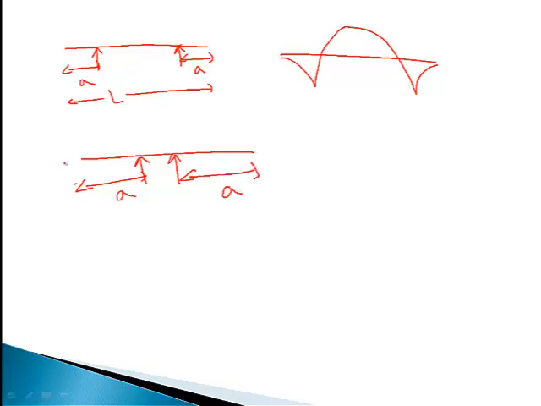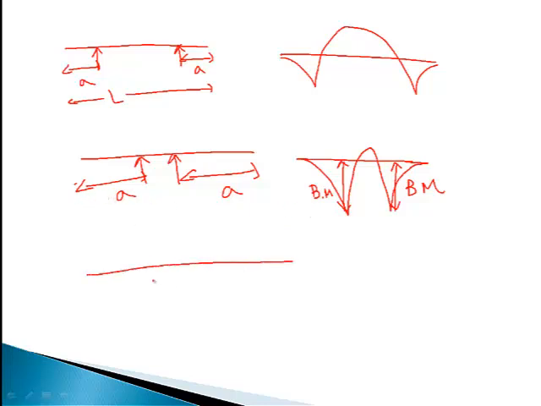So, if we increase from this side, this will also increase. Then what will be the bending moment diagram? This will be. So, if we increase the overhang, this bending moment, listen carefully, this bending moment will increase, as we increase the overhang.